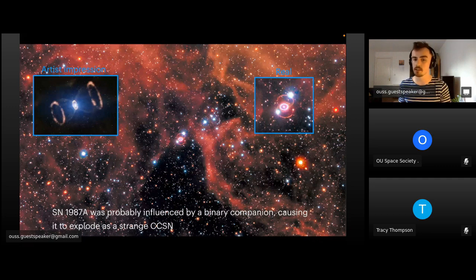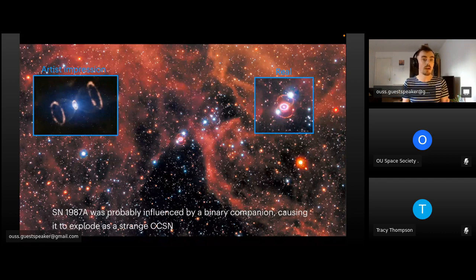And one of the most common scenarios is to actually include a binary companion. I will return to this a lot later, but essentially you have 2 stars that spend their lives orbiting around each other, and as one star evolves to later stages of its life, these stars begin to interact. And this interaction can change how the star lives and evidently how it dies.